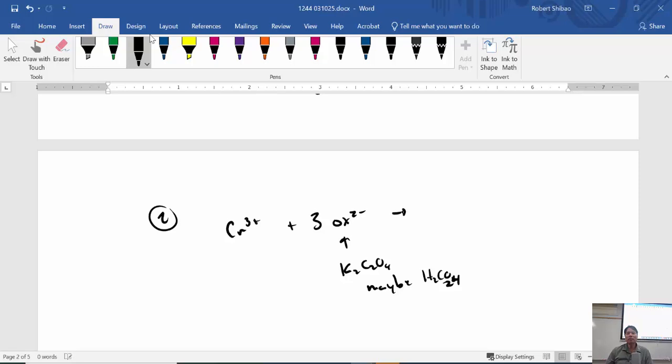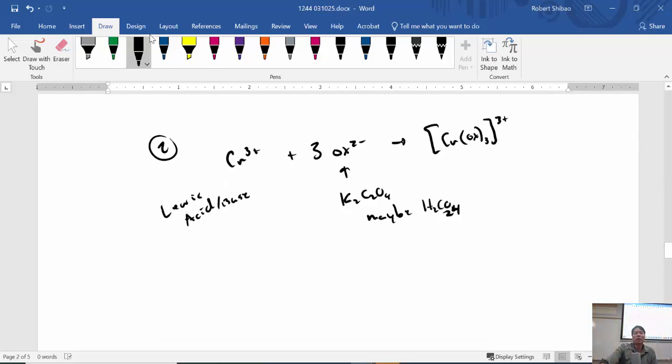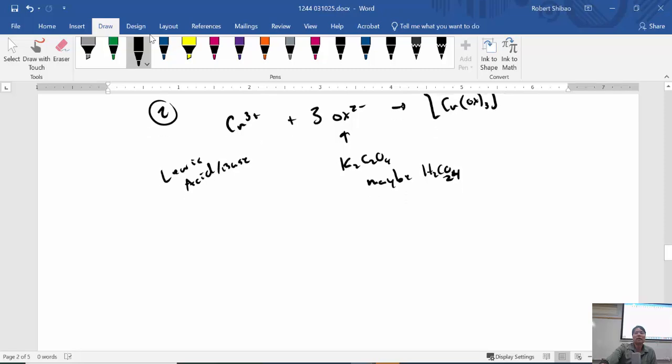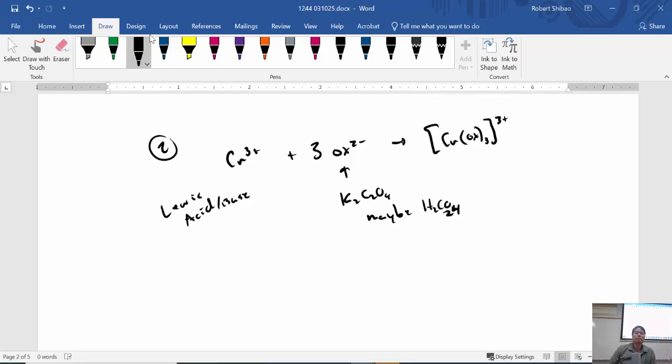And we're going to form this, the trioxalato chromate ion. And so reaction 2 is just Lewis acid base. We'll heat it up too to help chelate it. And then reaction 3 is going to be metathesis, but it's going to be kind of an odd metathesis reaction.